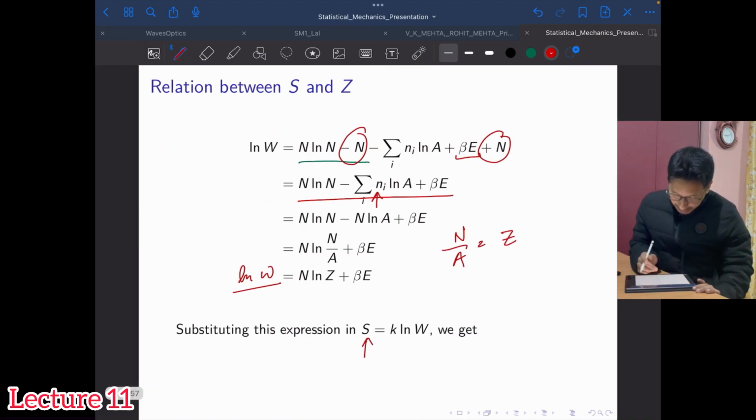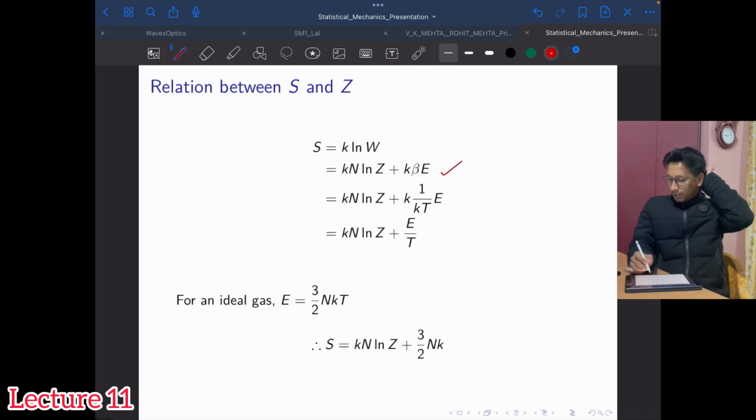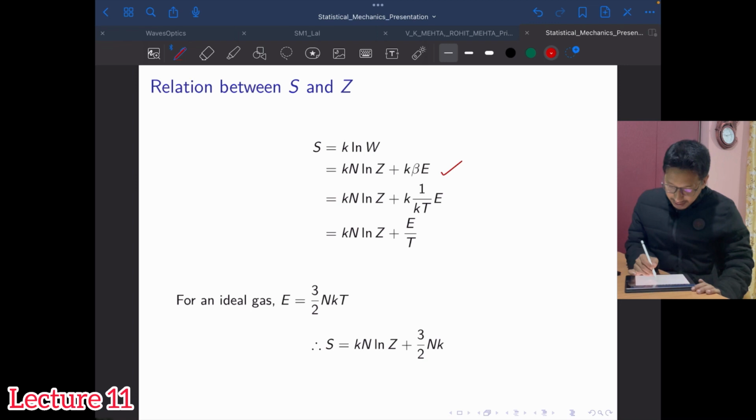I had this expression n ln Z, beta E. So substituting here, I get k n ln Z plus k, which is a constant, beta E. And if you substitute back beta as 1 by kT multiplied by E, then this k will get cancelled out, and then I will have this expression.